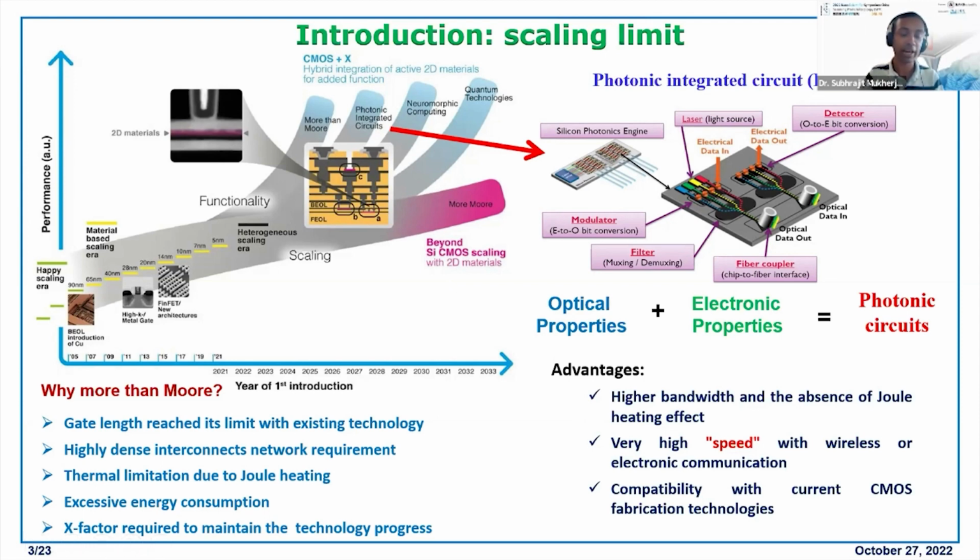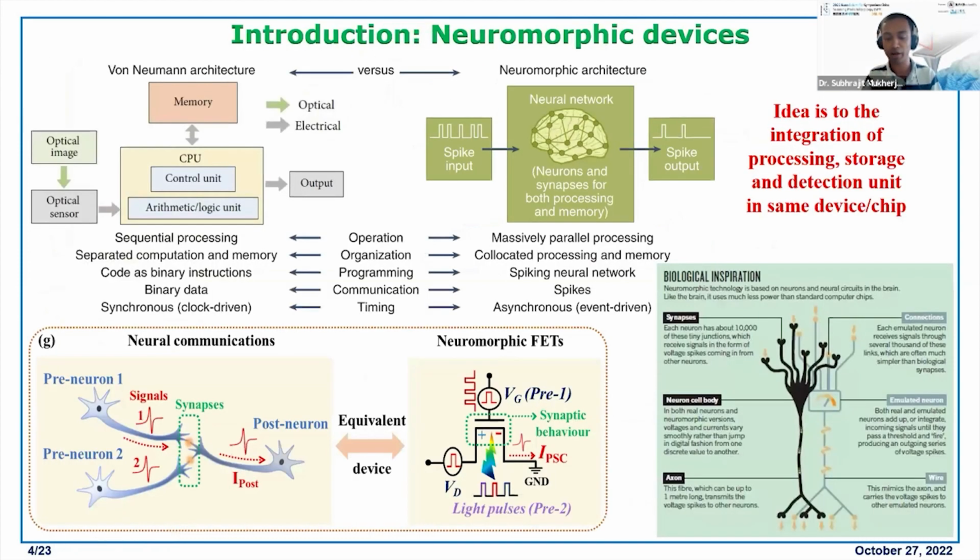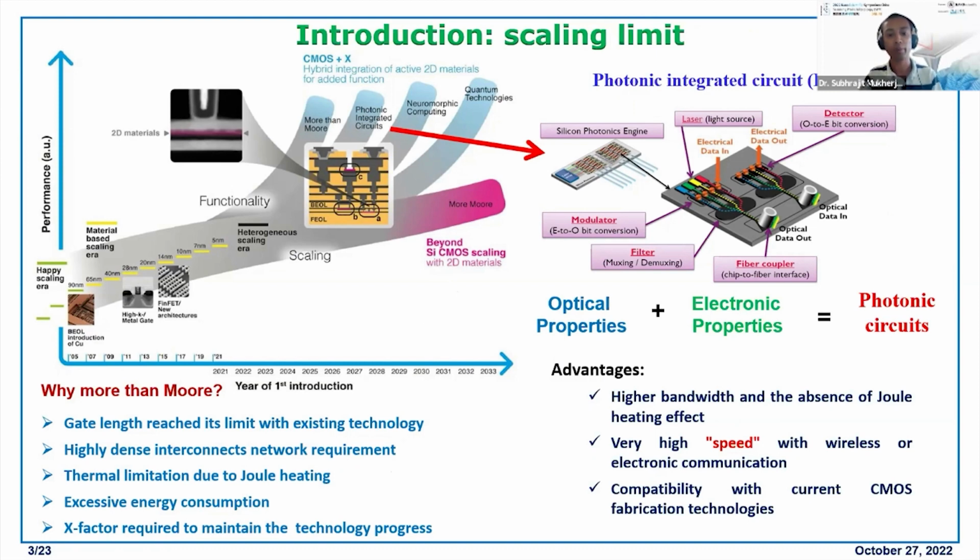So researchers are trying to find several options, looking beyond Moore's law and what could be done beyond that point. There are several options coming out. One is photonic integrated circuits, or neuromorphic computing, or qubit based quantum devices. For photonic integrated circuits, they try to replace the interconnectors, since electrical interconnectors take a large area in IC designing.